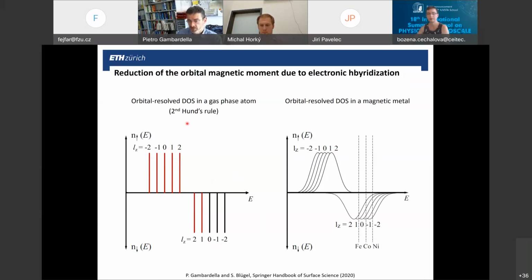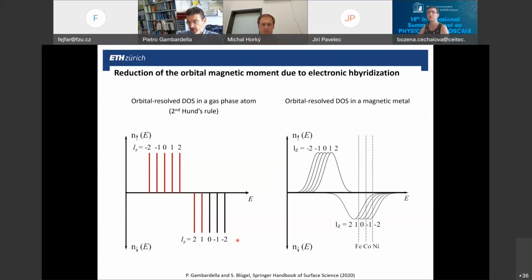But then the second Hund's rule tells us that the system maximizes the orbital angular momentum, and this means that these orbital states are occupied in sequence, essentially. So this is a diagram for a system with 7 electrons, like a cobalt d7 ion. We expect an orbital magnetic moment of about 3 Bohr magnetons.